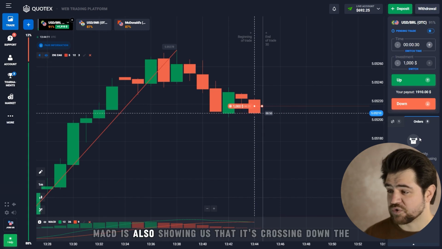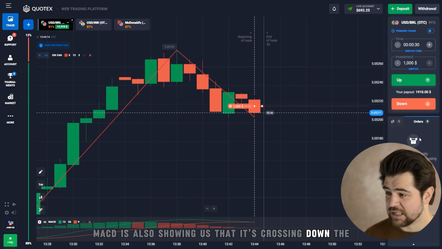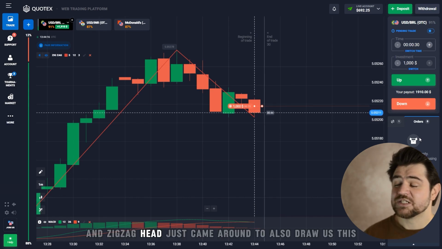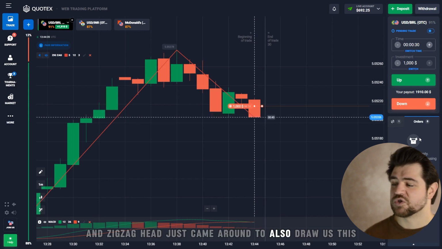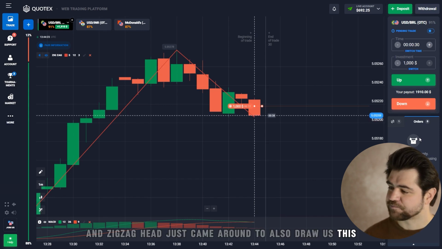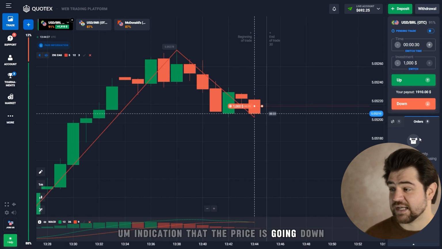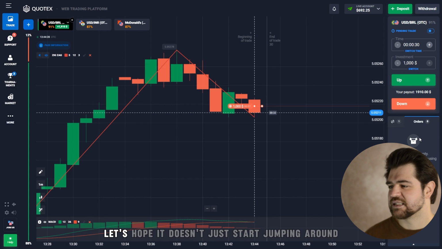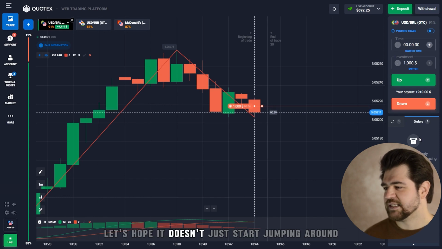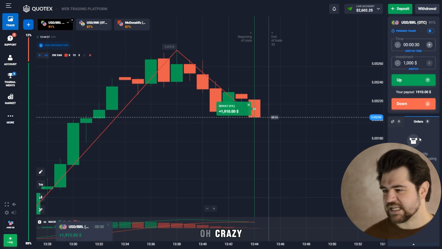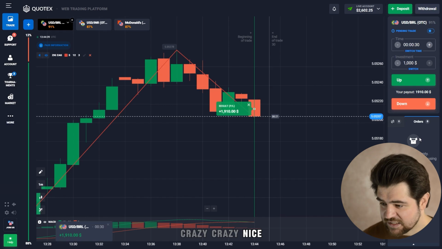MACD is also showing us that it's crossing down the slower line, and Zigzag had just come around to also draw us this indication that the price is going down. So let's hope it doesn't just start jumping around. Oh, crazy, crazy, crazy. Nice.